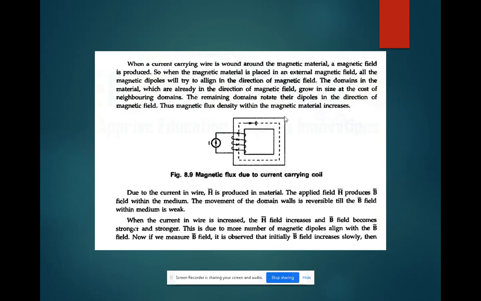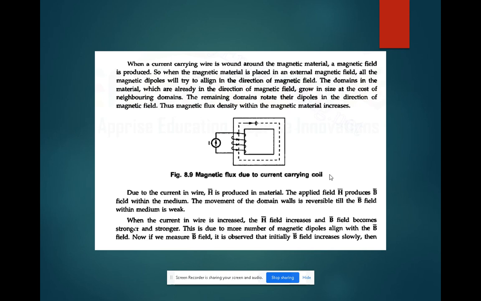When current flows in a wire or conductor, it will create a magnetic field. The current-carrying conductor, when placed on the magnetic material, will produce a magnetic field. Here, the magnetic field will have magnetic dipoles, which will be aligned in the direction of the magnetic field.